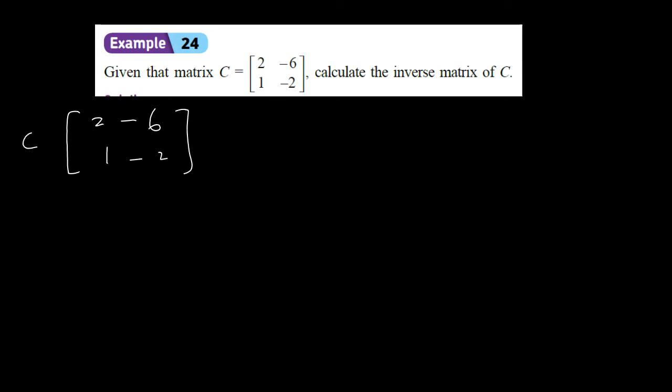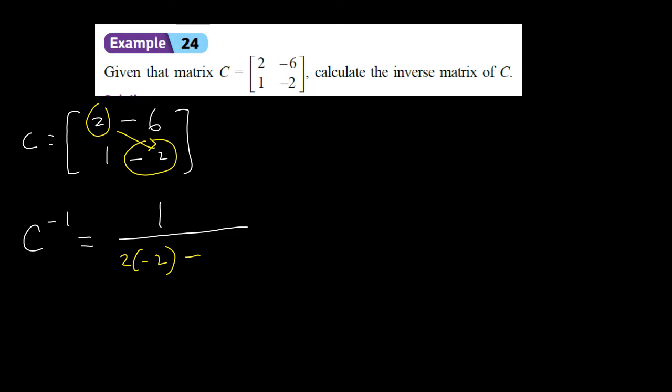So the inverse of matrix C is C negative 1 equal, remember, 1 over A and D, you times 2 and negative 2, include the negative, minus, formula is minus, and then B times C. So meaning negative 6 times 1.